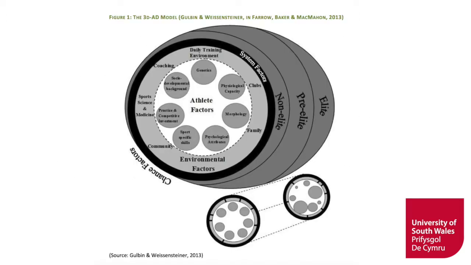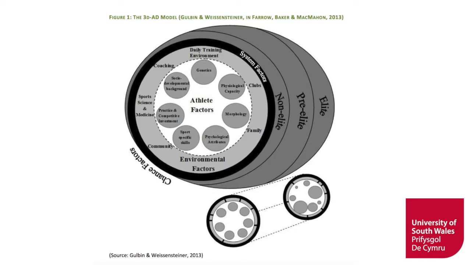So here you can see from the diagram, it's like a funnel or a long cylinder approach, and I think the diagram at the bottom demonstrates that. You've got the athlete factors in the centre, and then you've also got the stages. So if I was looking at it as a model, it would be a 3D model.